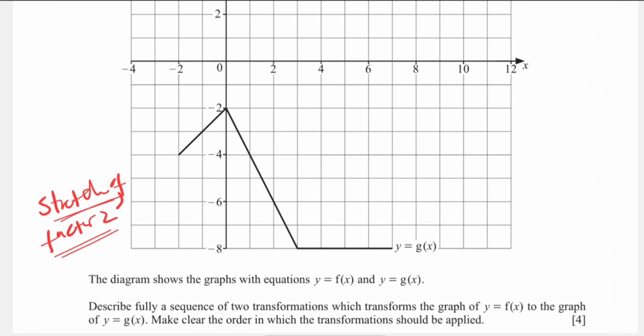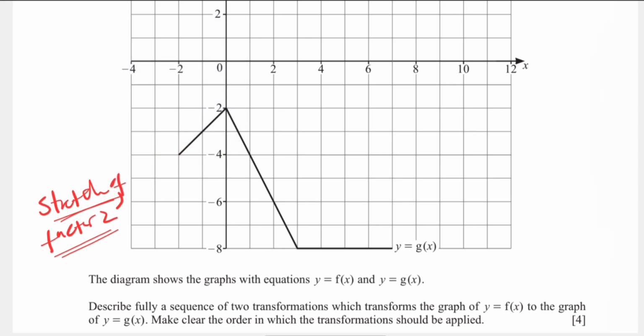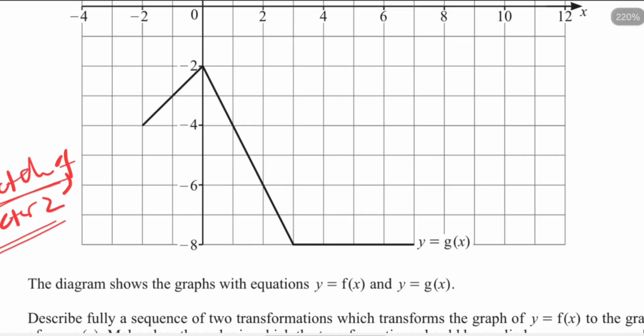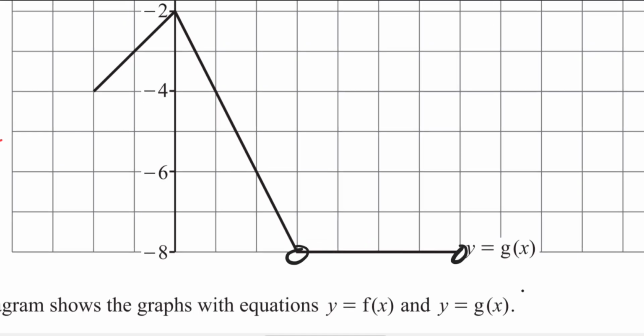If we're getting g of x after stretching f of x, after applying two transformations which include a stretch of factor 2, it means we got this point here with y coordinate -8 after applying a stretch of factor 2, right? So before the stretch, the points with y coordinates -8 were at -4, right?